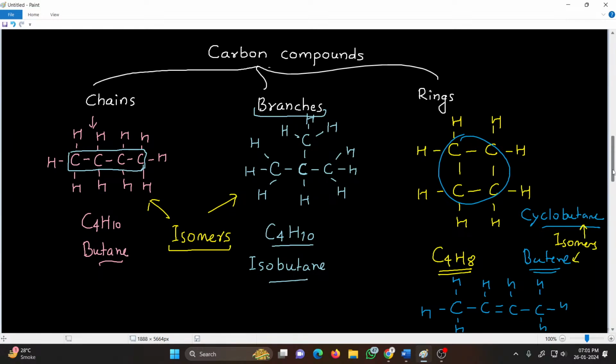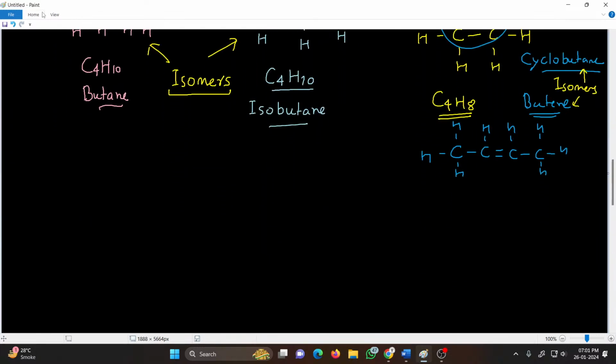A typical ring structure is called benzene, in which 6 carbon atoms are bonded together in a hexagonal manner like this, and there are alternate single and double bonds between them. So a single bond between the first two, then there is a double bond, again a single bond, again a double bond, a single bond and a double bond.